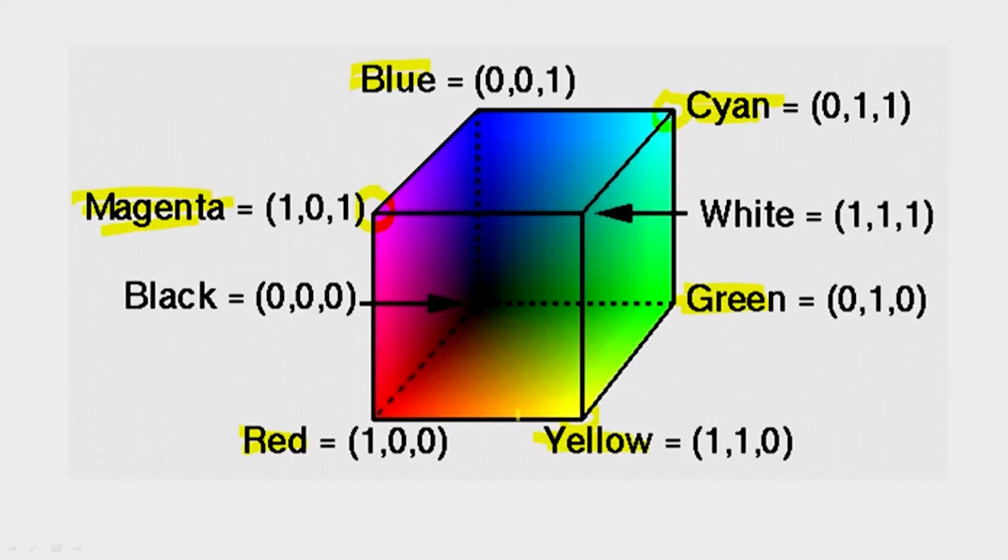Now after completing 6 colors, that is red, green and blue, magenta, cyan and yellow, we are left with 2 more corners of this color cube. One is white and another one is black, which is at the far end of this color cube. That makes our complete color space.